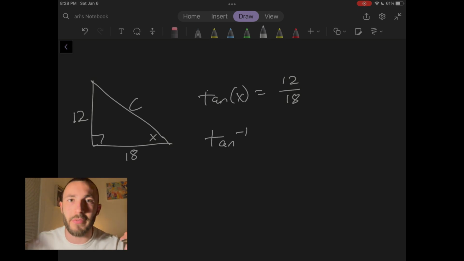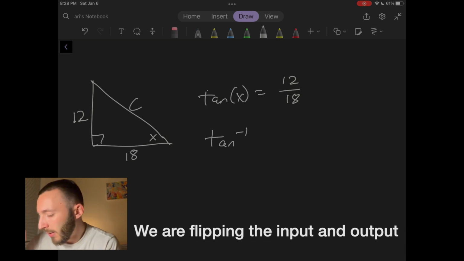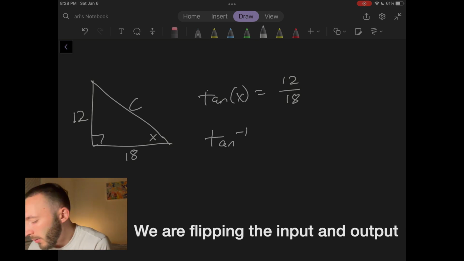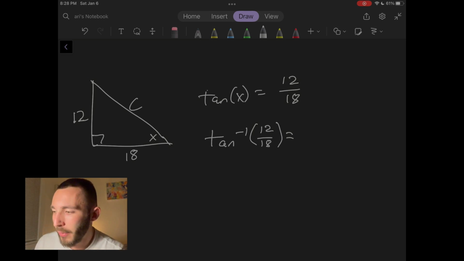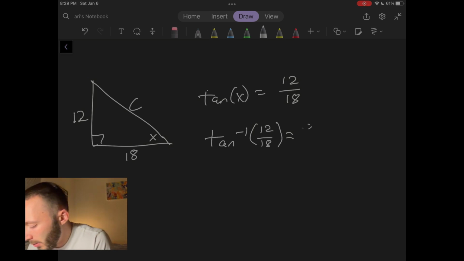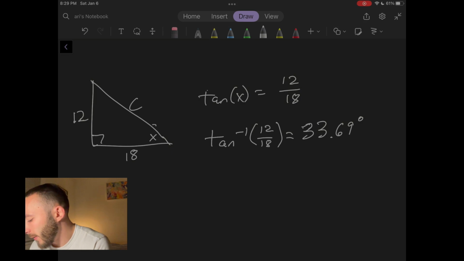Then we have to use the opposite function, which is arctangent. So what we would do is we would put arctan, tan -1, and then put the relationship between the sides, 12 over 18, opposite over adjacent, and that will give us 33.69, and that is the degrees of our x.